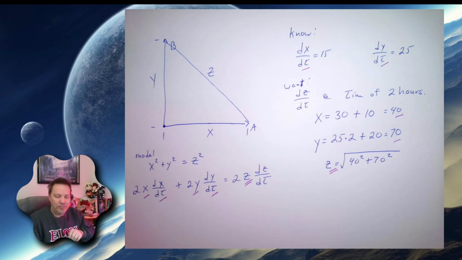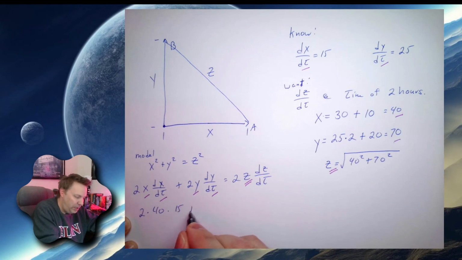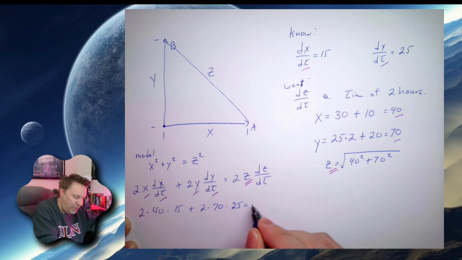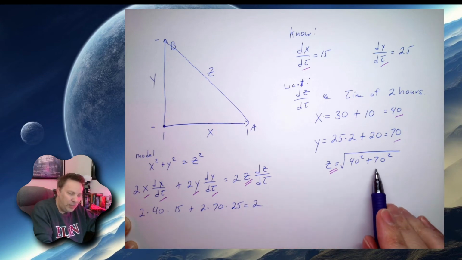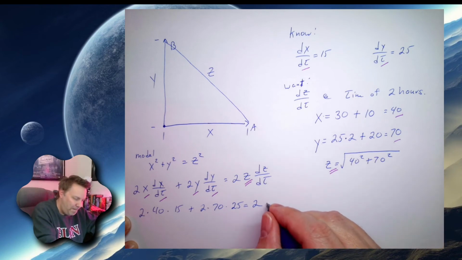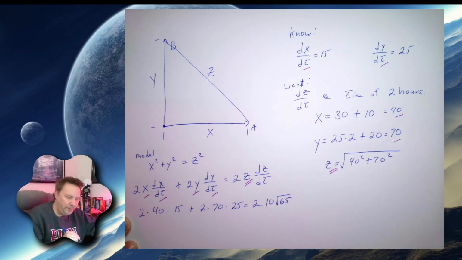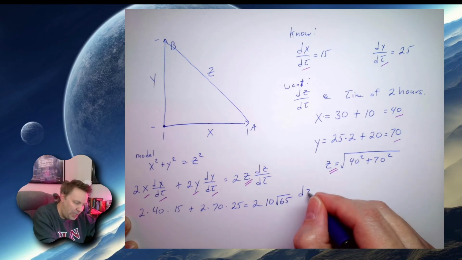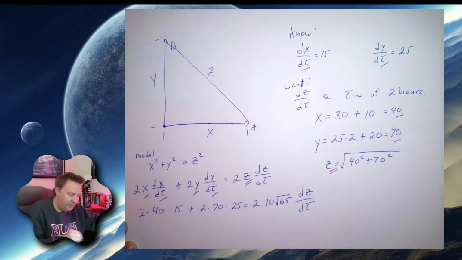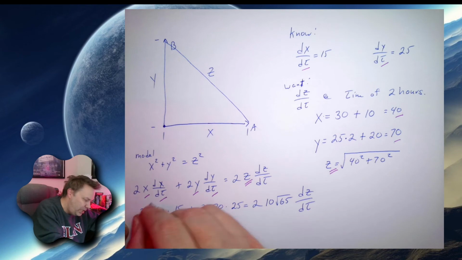2 times 40 times 15 plus 2 times 70 times 25 is equal to 2 times the square root of 40 squared plus 70 squared, which looks like, I think, 10 root 65, times dz/dt. Now, one thing I can do, I see a 2 in every single one of these.